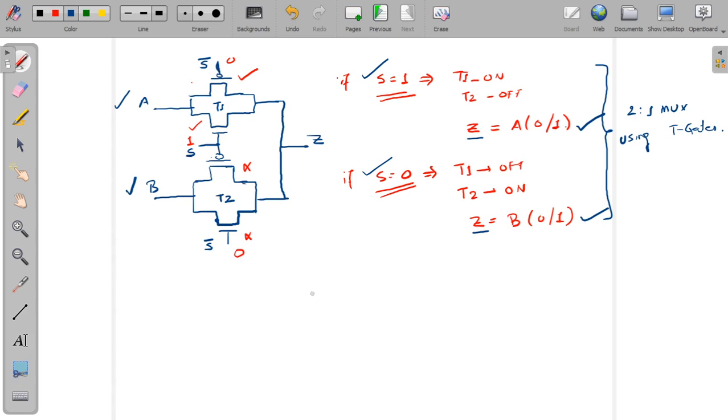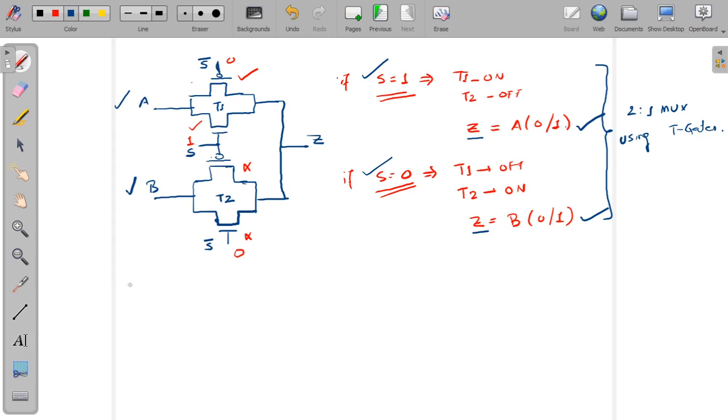So we can have some important points regarding this transmission gate. Look at these points, these are important.